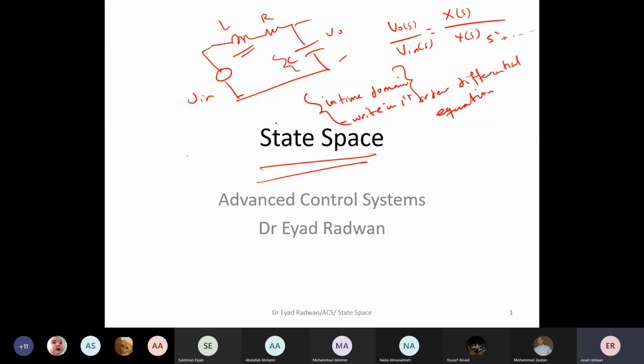If you represent your system in a state space model, you will be able to have multiple inputs and multiple outputs. The system may have more than one input and more than one output, and that is a good thing. You can model a system with more than one input and more than one output. Here, no: it is single input, single output. In the frequency domain or the Laplace domain, we only dealt with single input, single output systems.